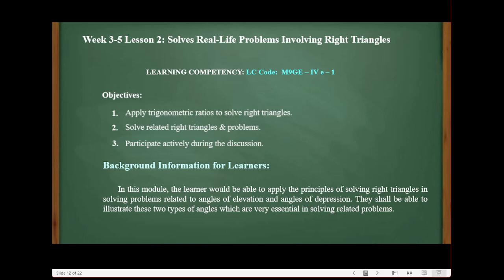So in this video, we will have the continuation of the discussion about solving problems, but this time we will consider those problems which relate to the angle of depression. Now we go directly to some illustrative examples. So let's begin with this one.